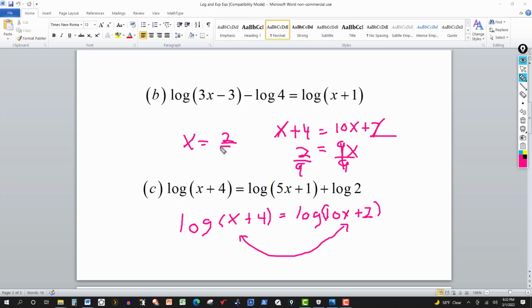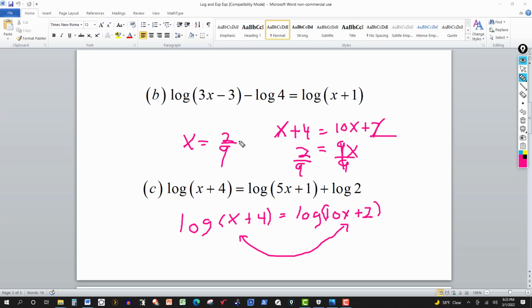And this one we're just going to do a visual check. Because if you do everything right, as long as when you plug it back in, you don't get the log of a negative, you're okay. That should work, assuming you did the algebra correctly. So I put 2/9 here where the x is, x plus 4. 2/9 plus 4, that's positive, no problem there. The next one, 5 times 2/9 plus 1, no problem, they're all positive.